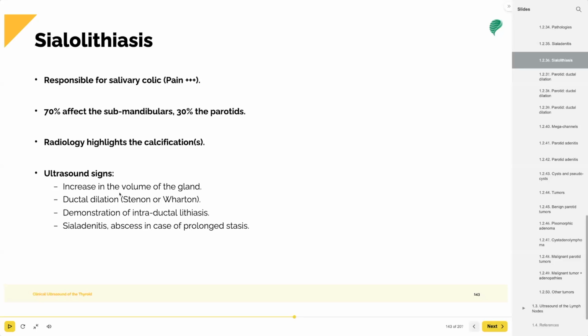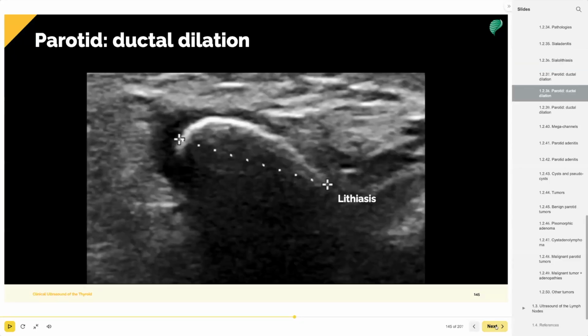Also, again, the signs for ultrasound would be increased volume, ductal dilation, intraductal lithiasis, and a few other symptoms.